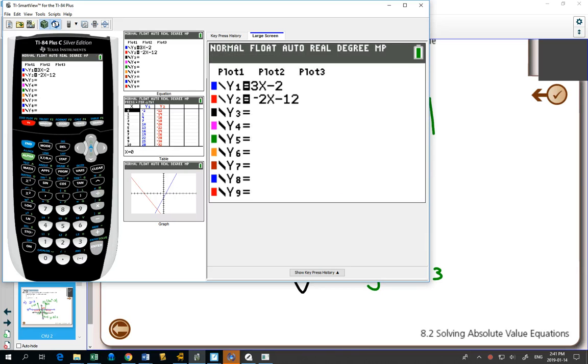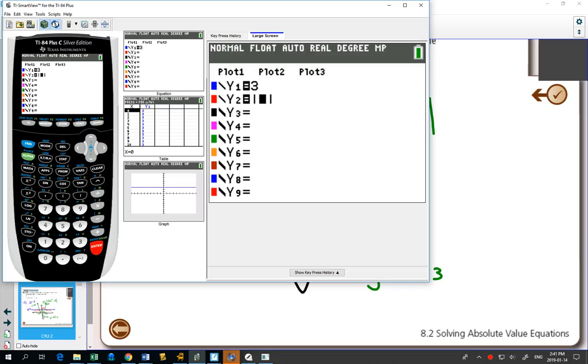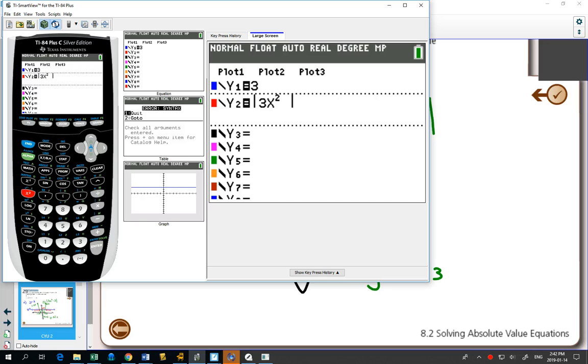On your calculator, if you clear out any graphs that you had, you type in 3 into one equation, and you type in the absolute value of 3x squared minus 3. To get the absolute value, you hit your math button and go over to number. Absolute value, 3x squared minus 3.